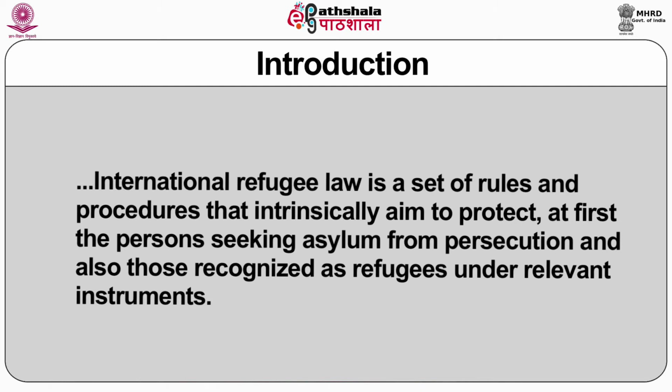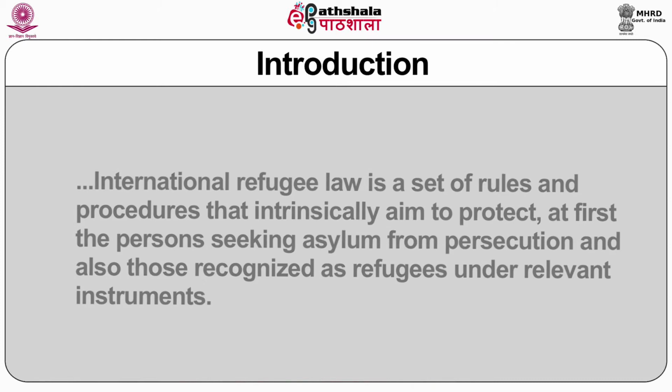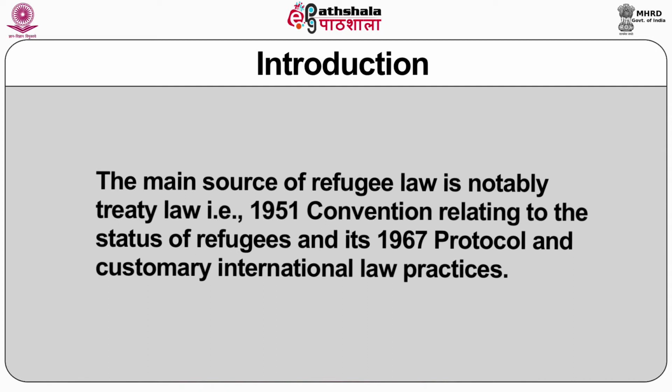International refugee law is a set of rules and procedures that intrinsically aim to protect, at first, the persons seeking asylum from persecution and those recognized as refugees under relevant instruments. The main source of refugee law is notably treaty law.